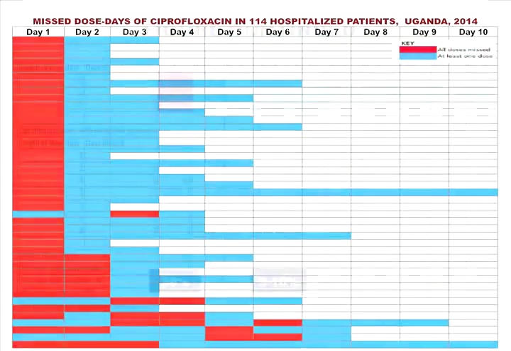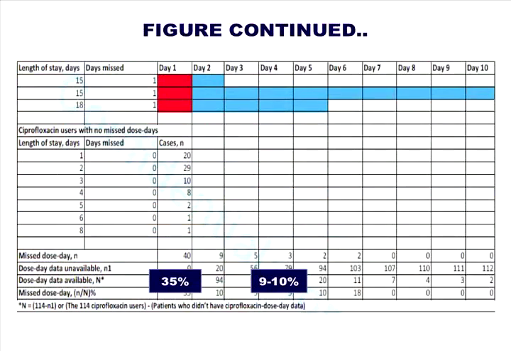We summarize in this slide that the per day risk of missing all treatment of ciprofloxacin was 35%. However, this reduced to the range of 9 to 10% on days 2 to 5.